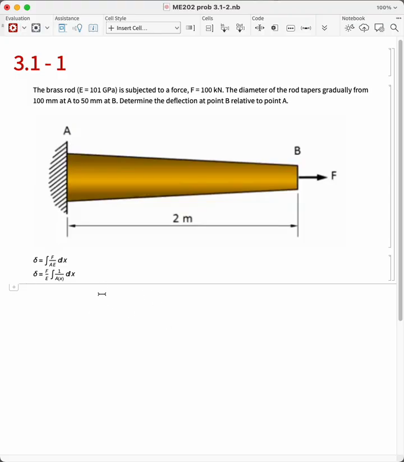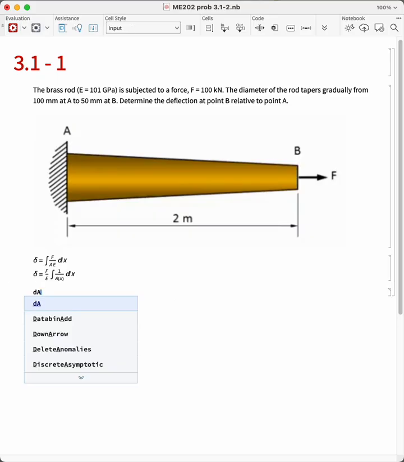Okay, so the first thing I'm going to do is write what we know up here. We know the diameter at A is 100 millimeters or 0.1 meters. We know the diameter at B is 0.05 meters or 50 millimeters. We know the length is 2 meters, right? We also know that the force is 100 kilonewtons, so I'm going to write that as 100,000 newtons.